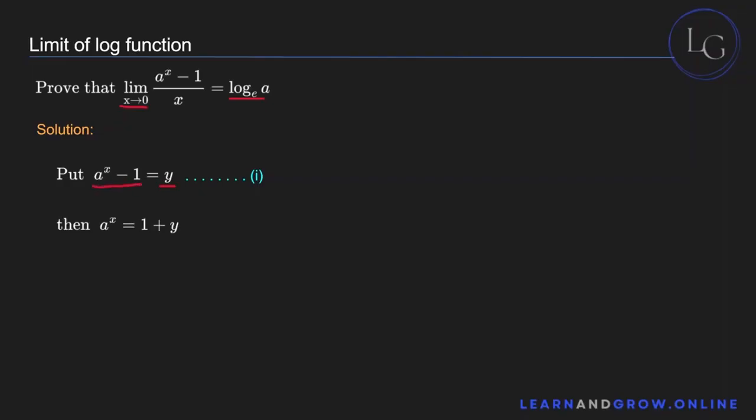Now we need to separate x. Once you isolate x, x turns out to be log base a of 1 plus y. Okay, and how you get that is basically once you get this, x is equal to the log base a of 1 plus y.